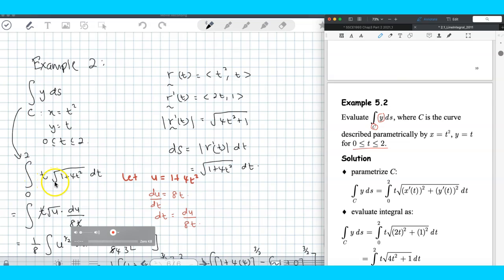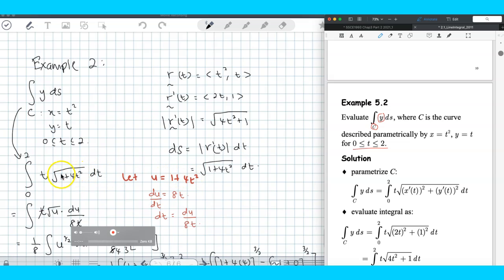Simple integration. Okay, so now you ask yourself, what is the most appropriate integration technique here? If there is no t, it's just a square root, then it is a bit complicated, because you have to apply trigonometric substitution. But luckily you have t outside, which means that you can just use direct substitution.